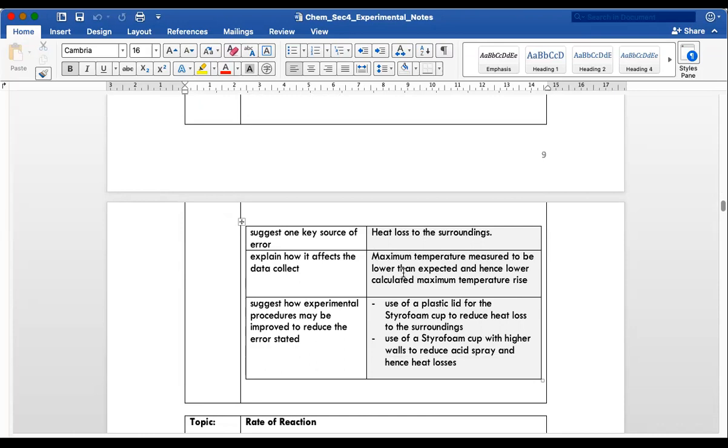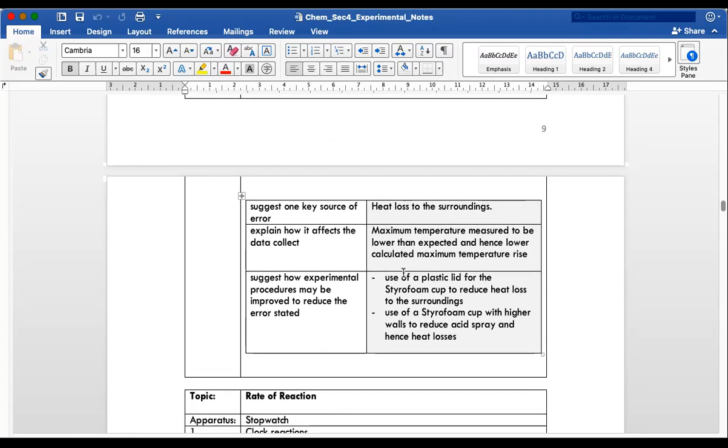If it's an exothermic reaction where heat is released, temperature rises, then the maximum temperature recorded will be lower than expected due to heat loss to the surrounding. If it's an endothermic reaction, it will be the opposite. The temperature measured is higher than expected due to heat gain from the surrounding. So they need to be aware of that because the question could be on an endothermic reaction.